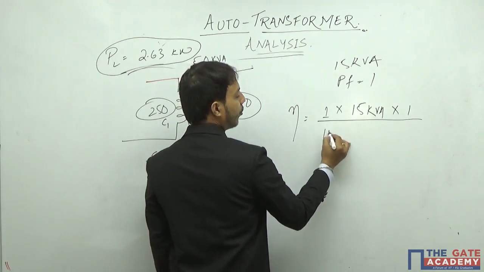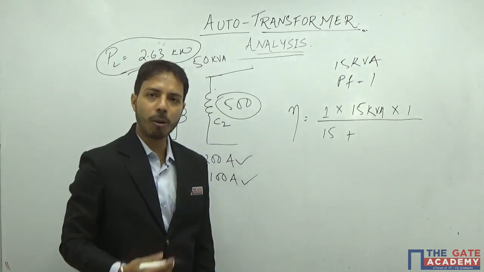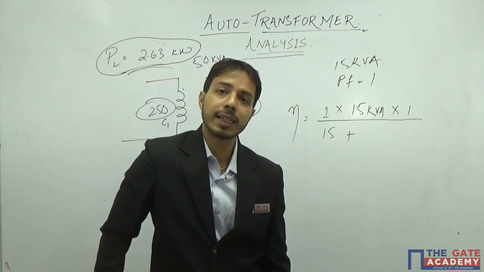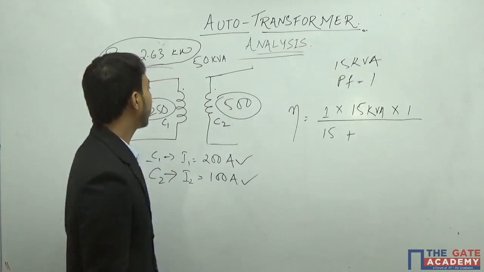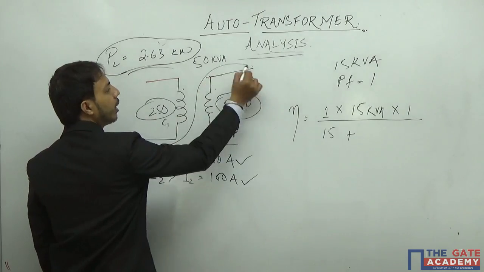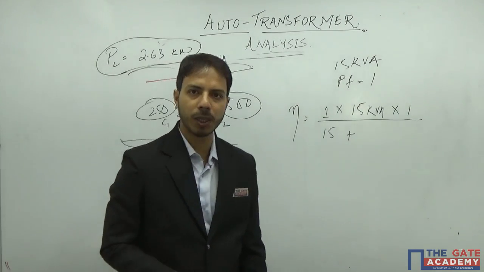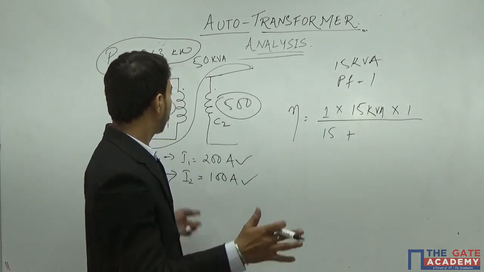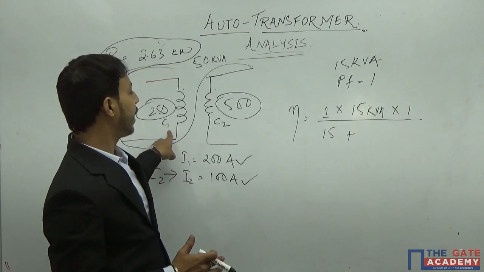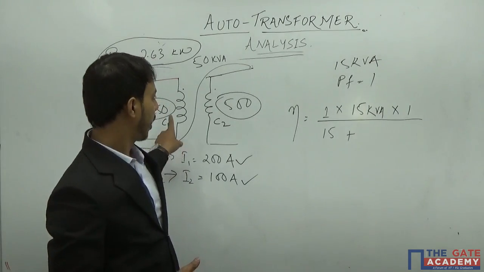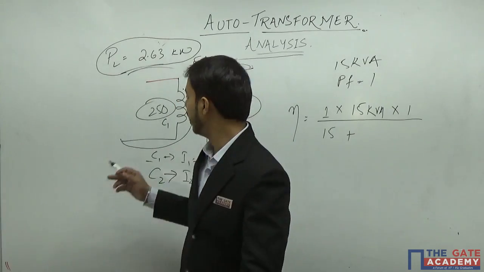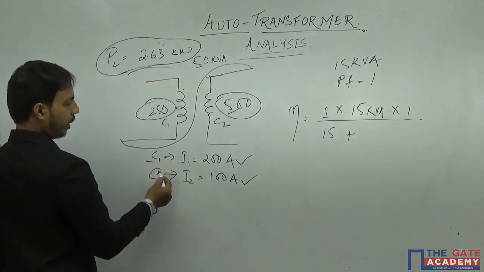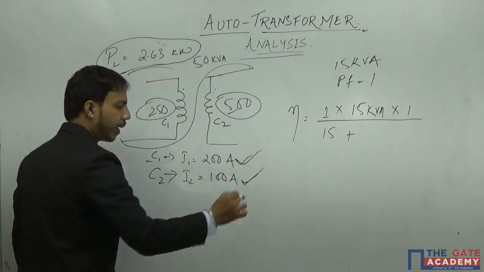Okay. Also 150 here plus copper loss and iron loss. As I have discussed earlier, since I have reconfigured this two-winding transformer as an auto transformer, the losses are not going to change, since the current rating in the coil is not increasing. The current rating in the coil, which was earlier 200 in C1 and 100 in C2.